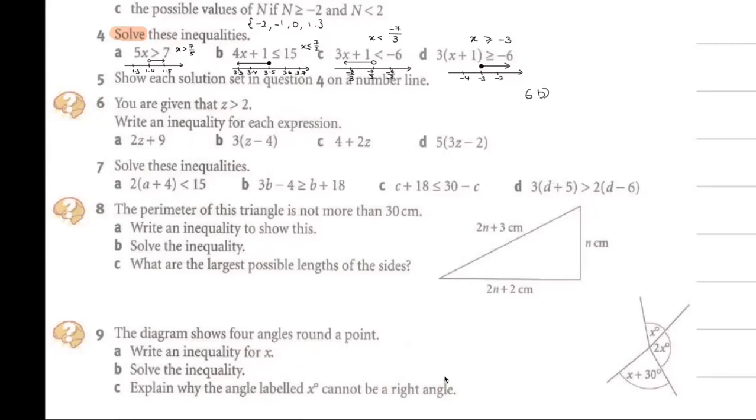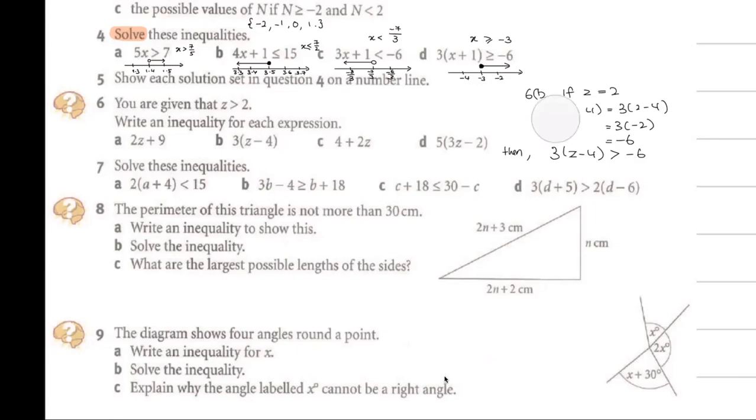6b. If z is equal to 2, 3z minus 4 is equals to 3 times 2 minus 4. 2 minus 4 is -2, so 3 times -2, -6. Then 3z minus 4 is more than -6.